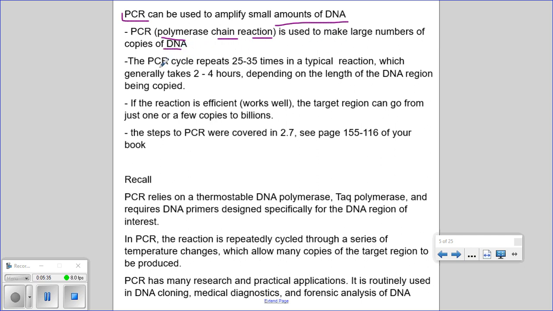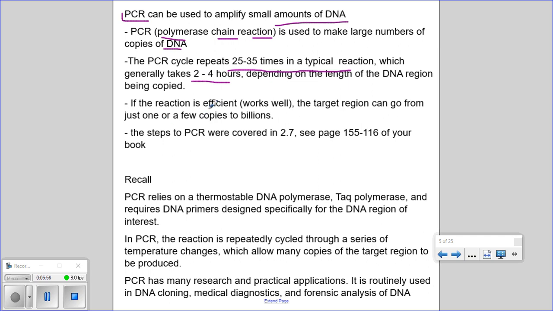Just a reminder that the PCR cycle repeats 25 to 35 times in a typical reaction, which will generally take about 2 to 4 hours to complete. Depending on the length of the DNA region being copied, this can take closer to 4 hours, and if it's shorter, it can be closer to 2 hours.